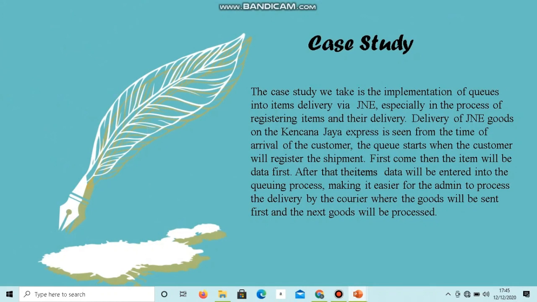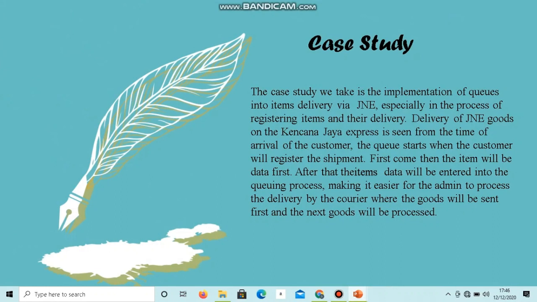Case study. The case study we take is the implementation of a queue into item delivery via JNE, especially in the process of registering items and their delivery. Delivery of JNE goods at Kencana Jaya Express is seen from the time of arrival of the customer.